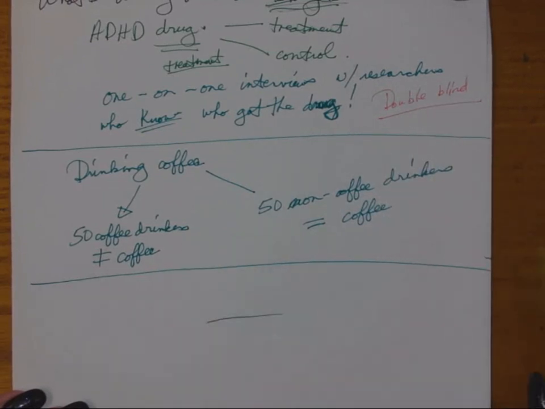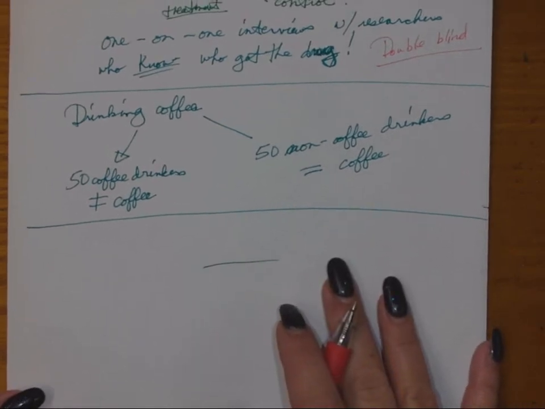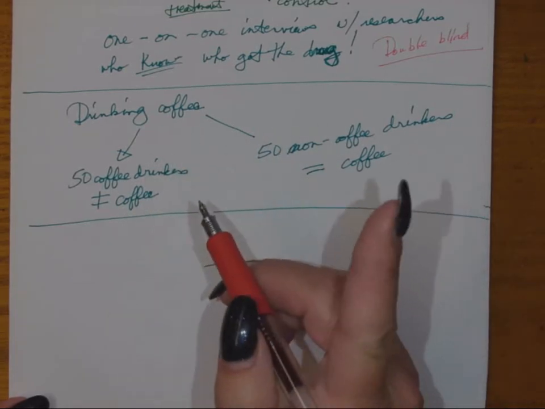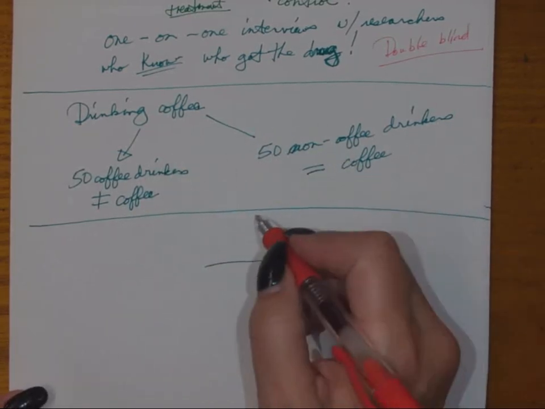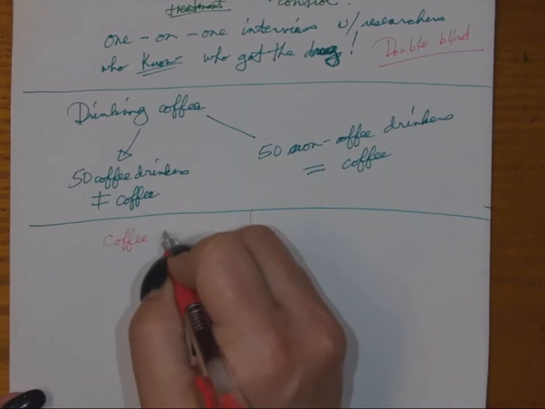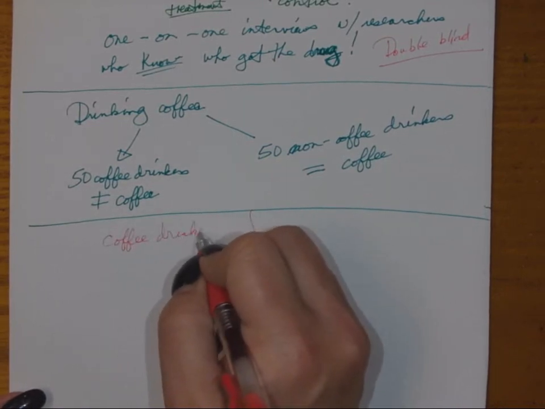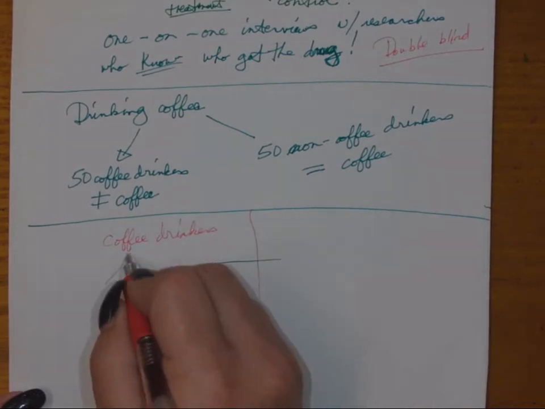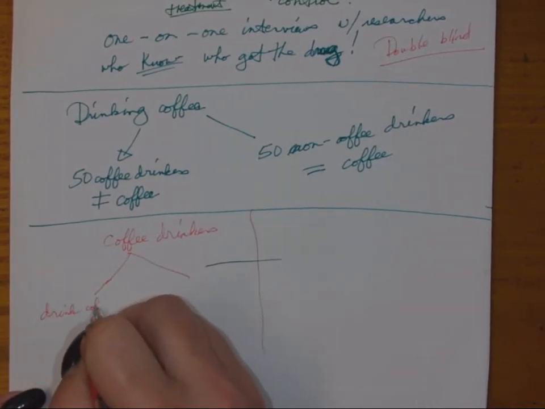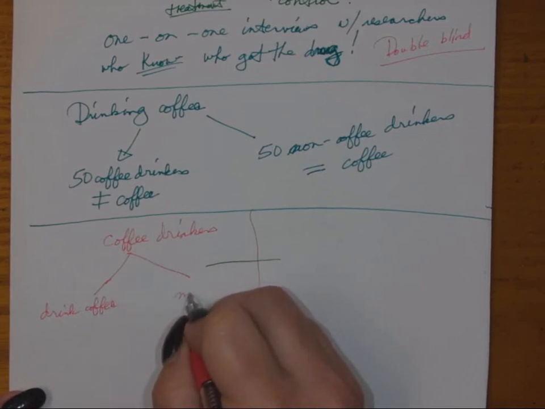What about this though? This is just a bad setup for my study. It doesn't make sense. This isn't a treatment and a control. What you would do is, you might even have 4 groups, right? So you might have coffee drinkers, if you wanted to compare. Some would drink coffee, and some would not have coffee, right?